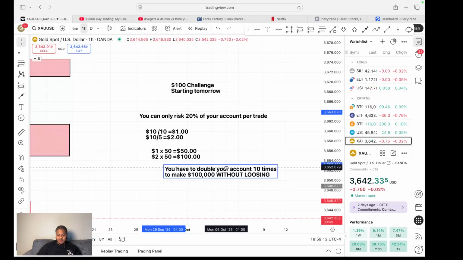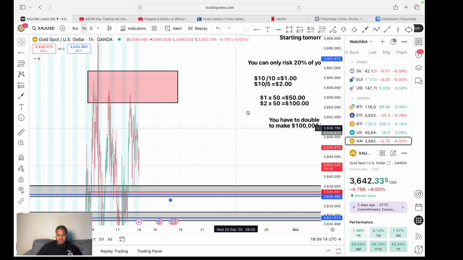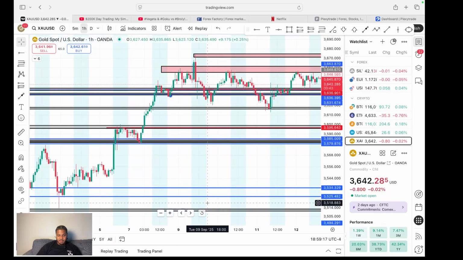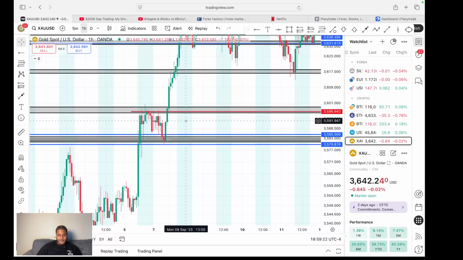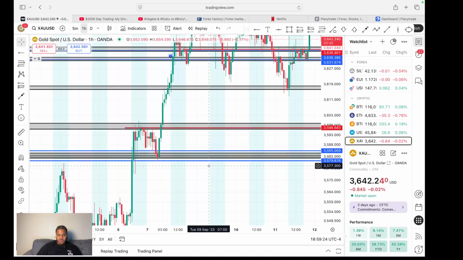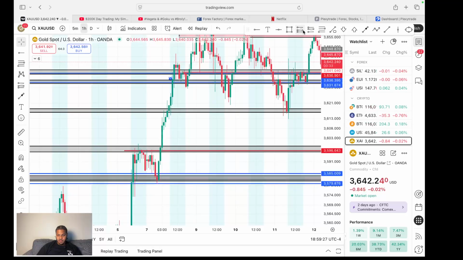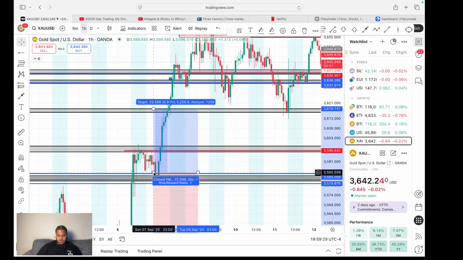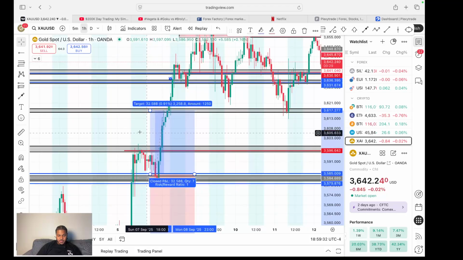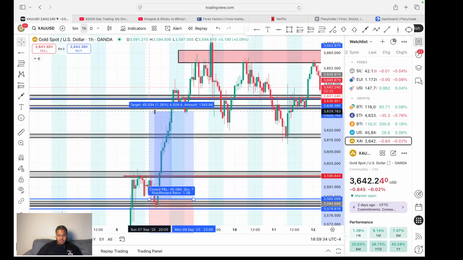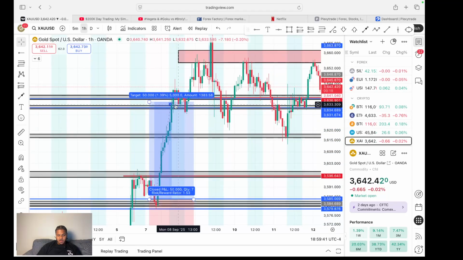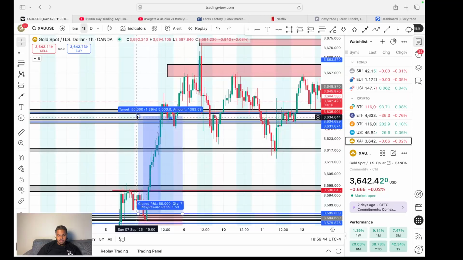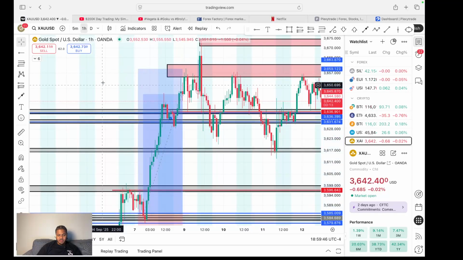Let me show you what that looks like. Let's say you caught this trade right here, and you got out right here, or somewhere up here.